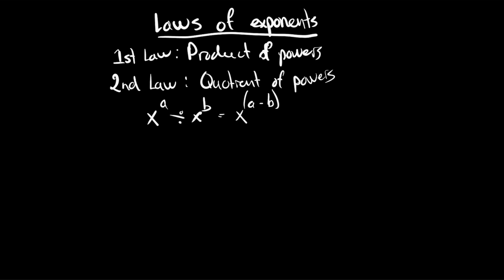So let's do a quick example just to see how it works. Let's do 5 to the power of 6 divided by 5 to the power of 2. So we take the first exponent, 6, minus the second exponent, 2. That gives us 5 to the power of 4.